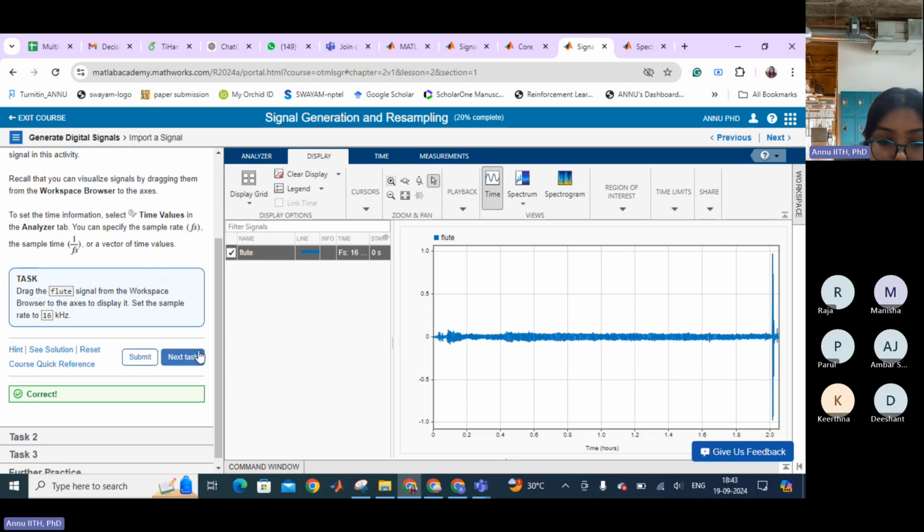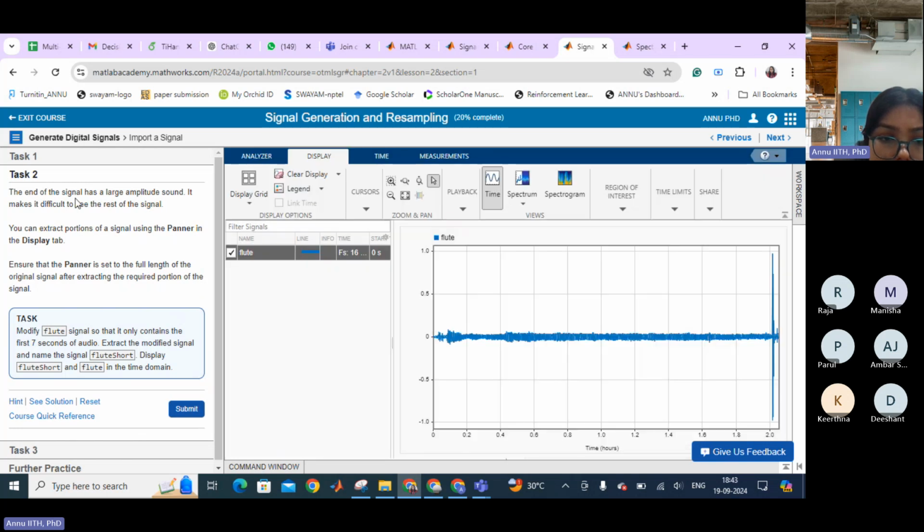That sounds good. The end of the signal has a larger amplitude. That is having a larger amplitude sound. It makes it difficult to see the rest of the signal. You can extract the portions of the signal using this panel in the display tab. So, panel, where is the panel?